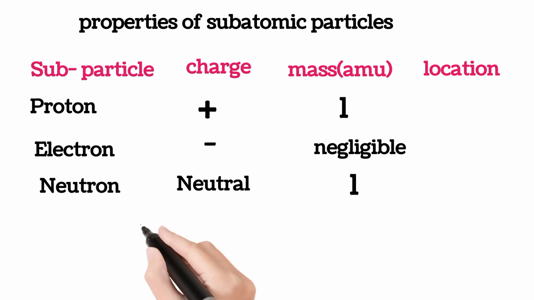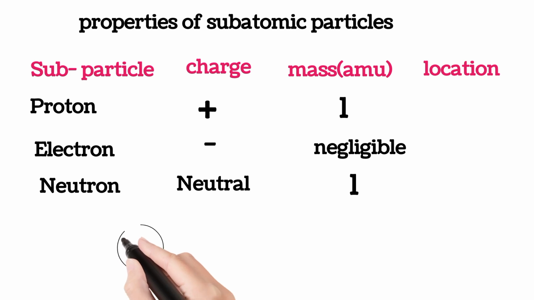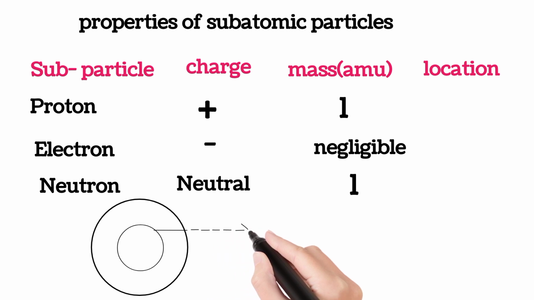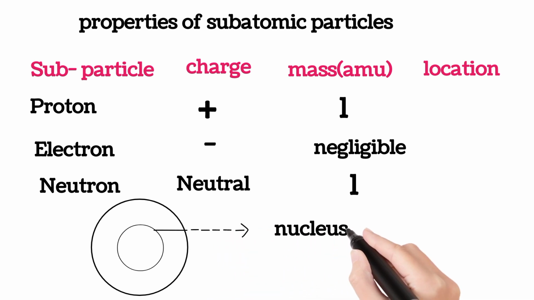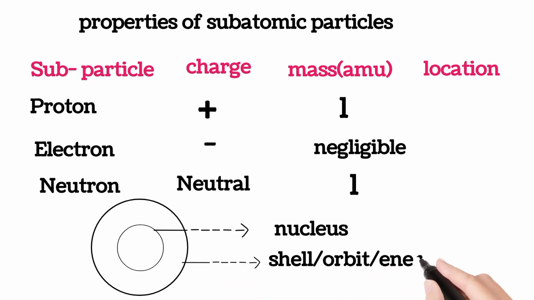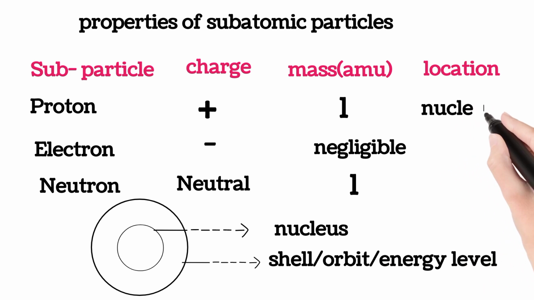Now, for us to understand the location of these subparticles, let's look at the structure of the atom according to Ernest Rutherford. We have the nucleus, a part of the atom which is located in the center of the atom, and then we have what we call the orbit or the shell or the energy level, which is the outside.